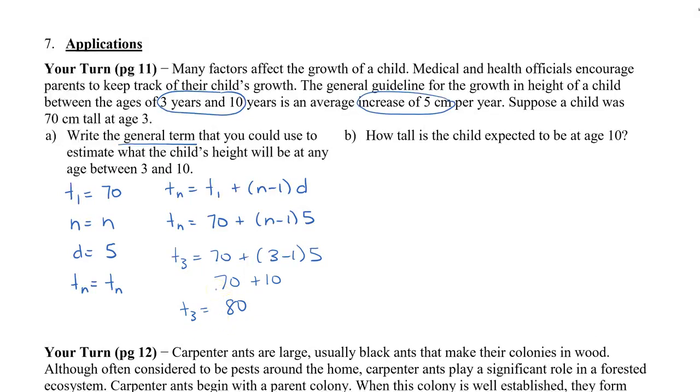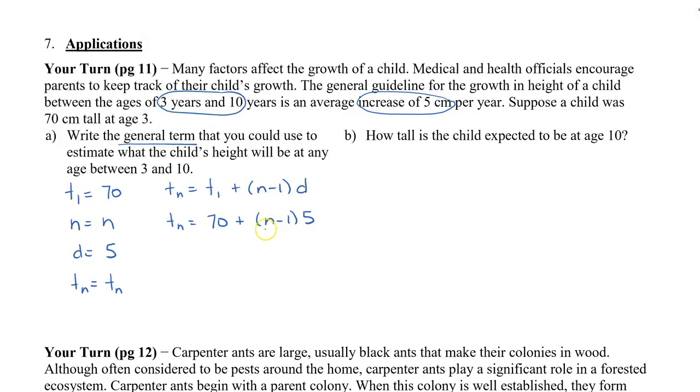So what I want to do is make a general term or a formula so that the n actually stands for the age, and not the term number. So I'm going to erase all of this. I need to change the formula a little bit. When the child is 3, they're going to be 70.